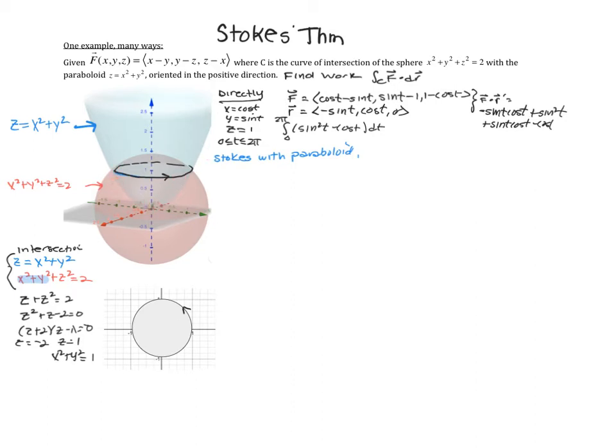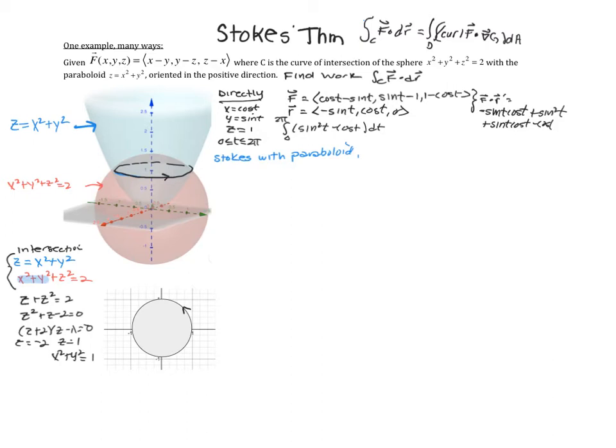So Stokes' theorem says, once again, that the line integral is the flux of the curl. And to do the flux of the curl, we do the curl dot the gradient of g over d.